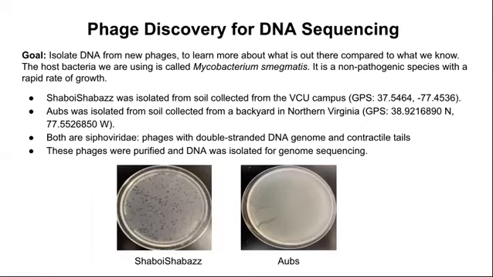Aubs was isolated from soil collected from a backyard in Northern Virginia. After obtaining results, it was found that both are Siphoviridae, meaning they have double-stranded DNA genomes as well as non-contractile tails. These phages were purified and DNA was isolated for genome sequencing.